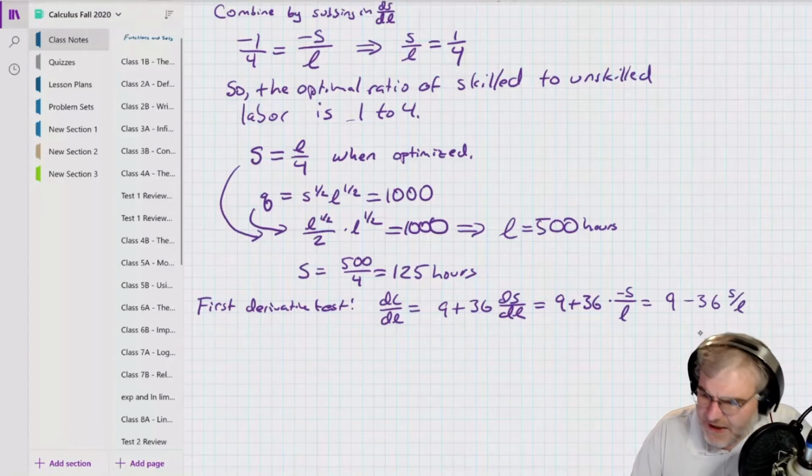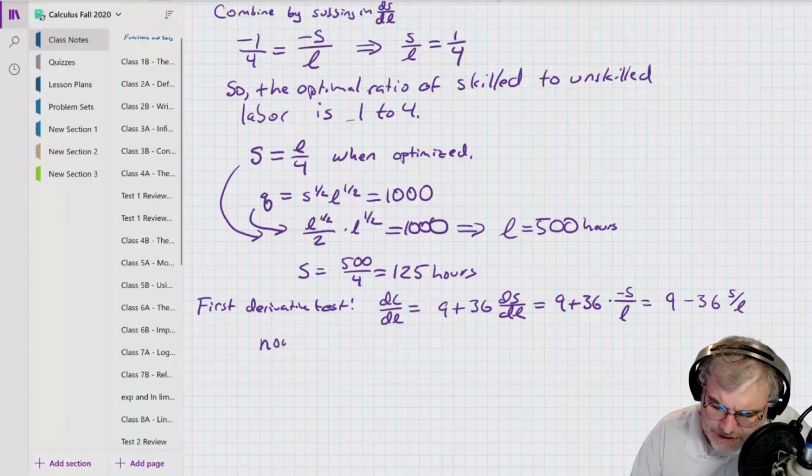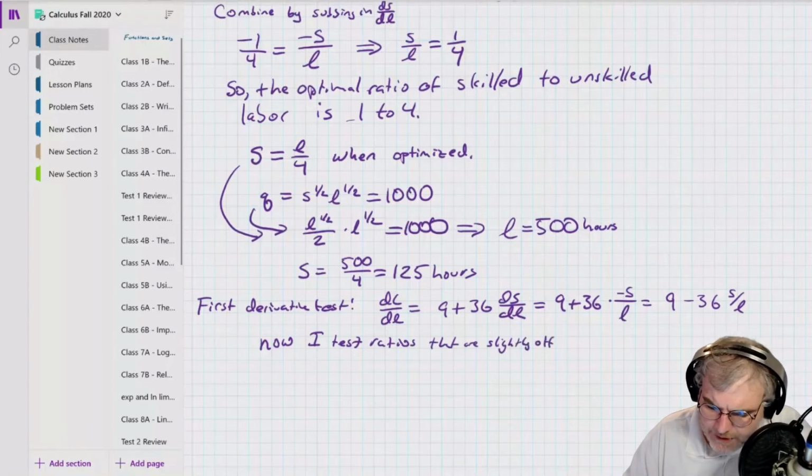Okay? Does that make sense? Yes or no? So now I test ratios that are slightly off. If you want to do it this way.